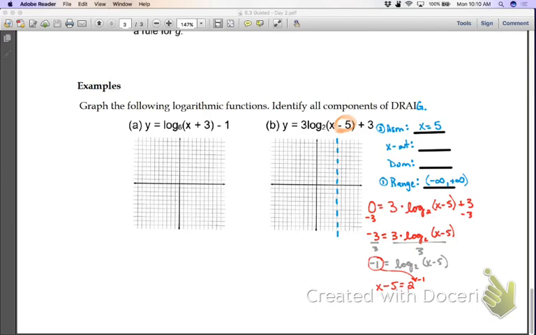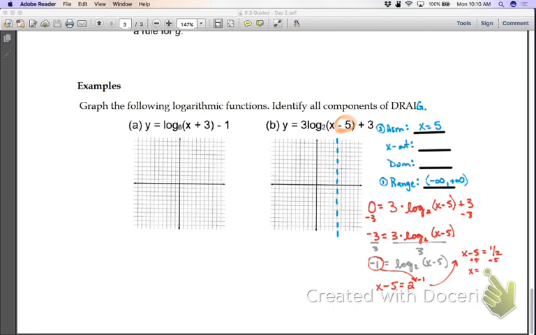What is 2 to the negative 1 power? 1/2, right? So I'm going to take it up here. So I have x minus 5 equals 1/2. How do I get x by itself? Add 5.